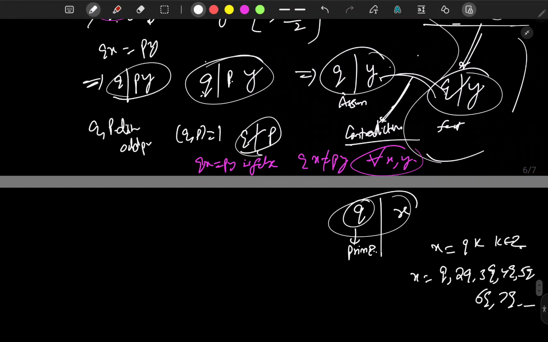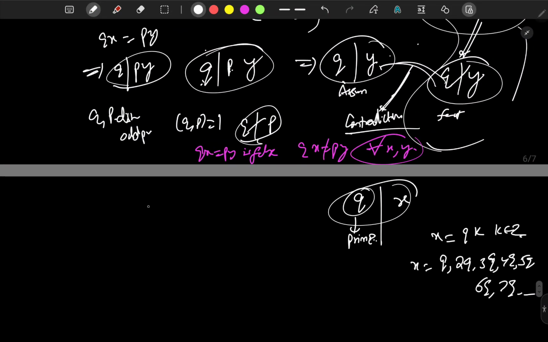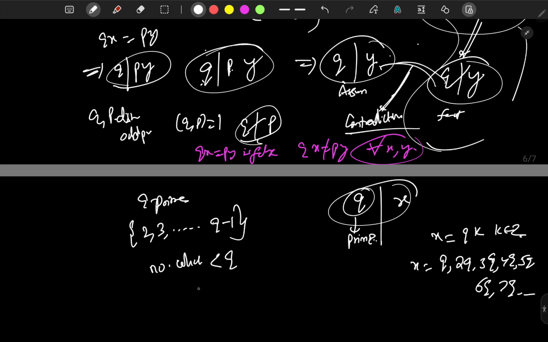In simpler terms, if q is a prime number, then all the numbers 2, 3, 4 and so on up to q minus 1, the numbers less than q, don't divide q at all.